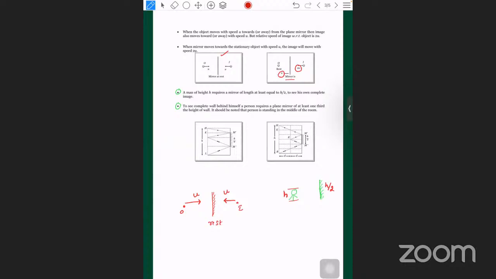What must be the minimum height of the mirror? H by 2.